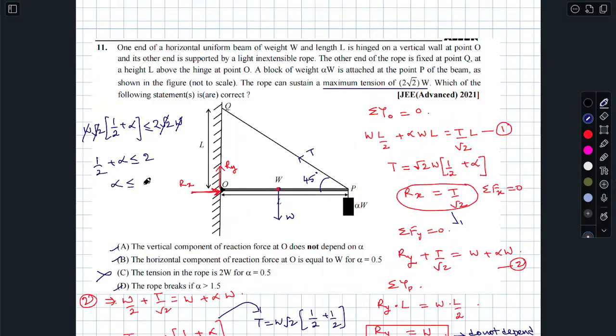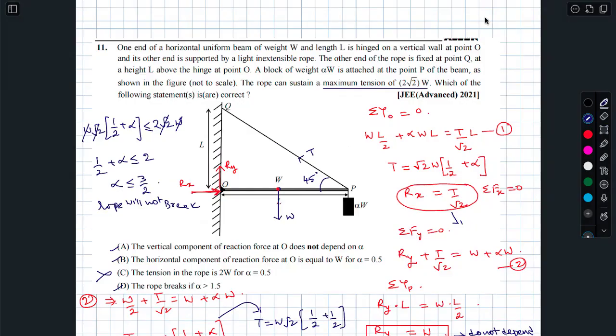Alpha less than or equal to 2 minus 1 by 2, 3 by 2. So the tension is such that the rope will not break so long as alpha is less than 1.5. If alpha is greater than 1.5, the rope will break. A very good question.